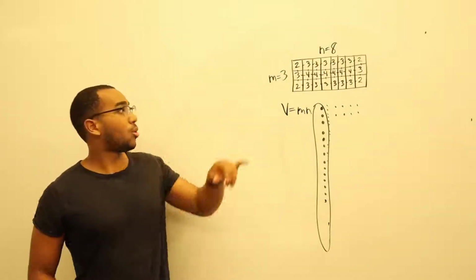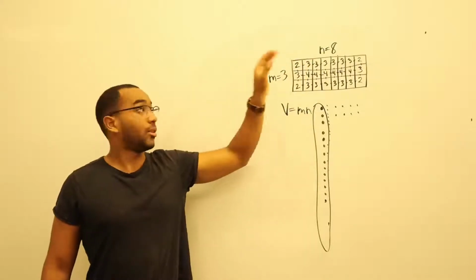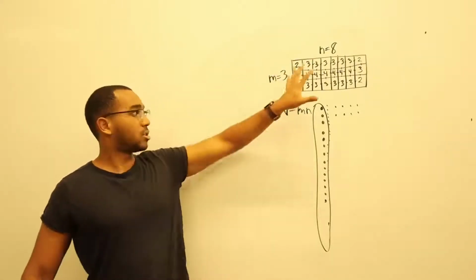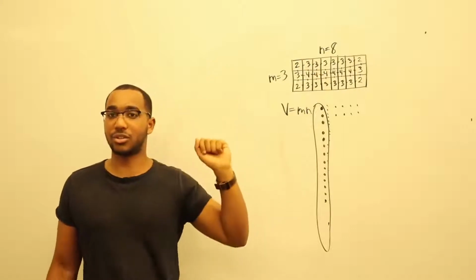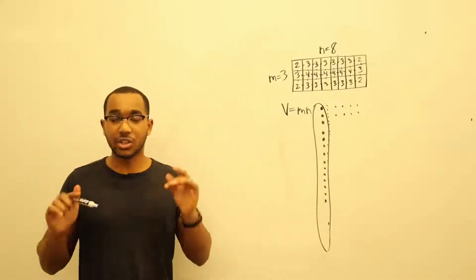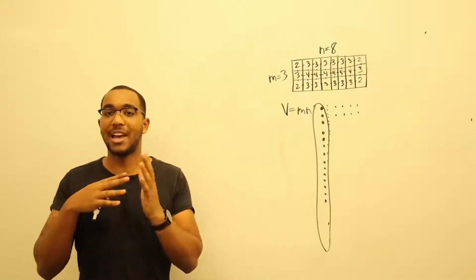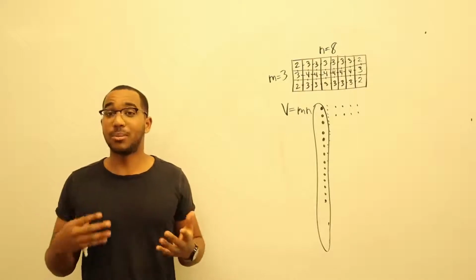Okay, so we saw that the corners can have 2 edges. The top and bottom, left and right, can have 3. And the center ones can have 4 connections to their surroundings. So what can we upper bound each of these cells to in terms of edges? How many edges can come off? The maximum is 4.